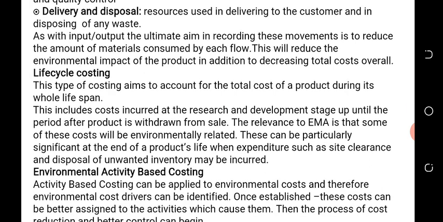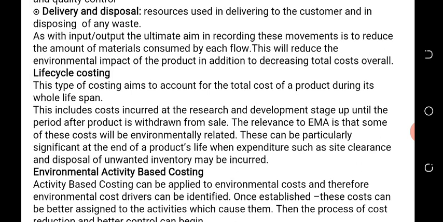Now, environmental costing, we also have life cycle costing. In environmental costing, we also have the cost associated with life cycle. This type of costing aims to account for the total cost of a product during its whole lifespan. So in life cycle costing, you must also include environmental costs.